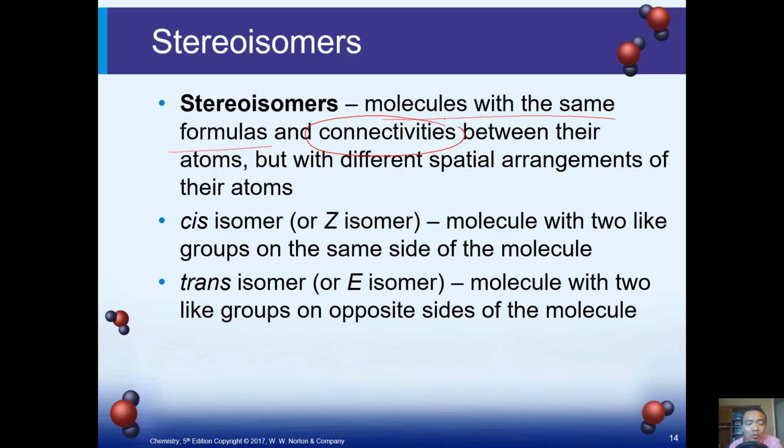The difference for stereoisomers is the spatial arrangement of the atoms, or 3D arrangement of the atoms. For stereoisomers, we have many different ways to further classify them. You might have so-called cis isomers or trans isomers, and enantiomers and diastereomers. We're going to go over these one by one.